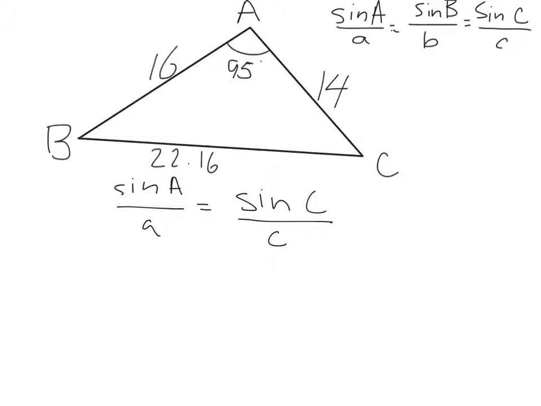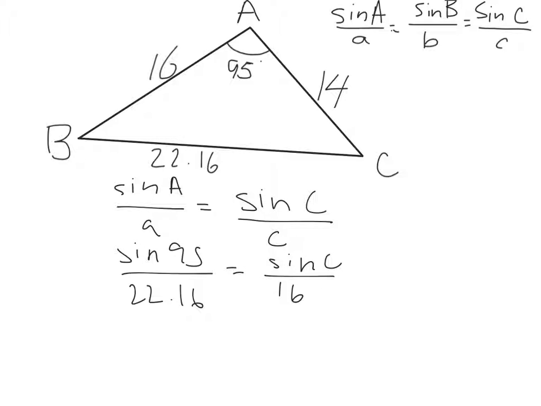So in this case, it would be sine of 95 over 22.16 is equal to sine of C over 16.